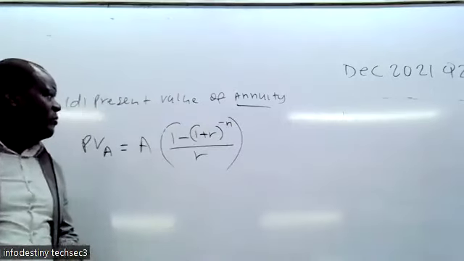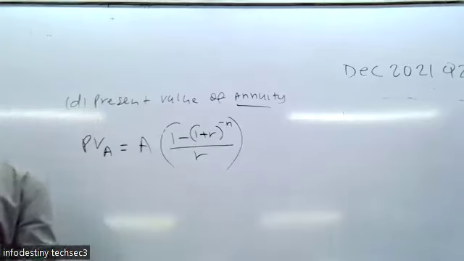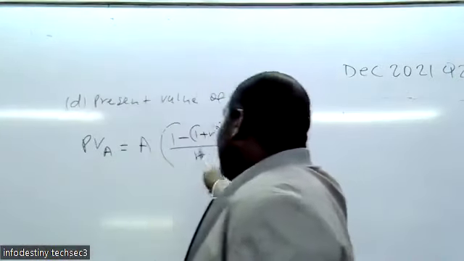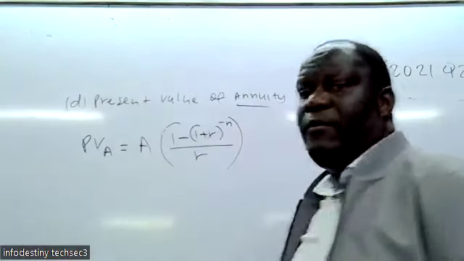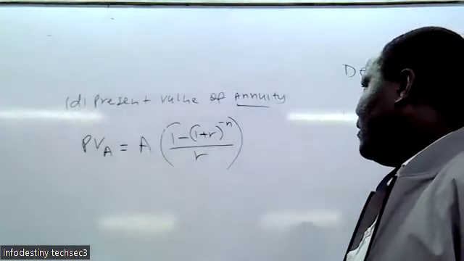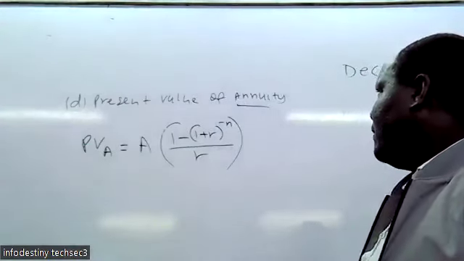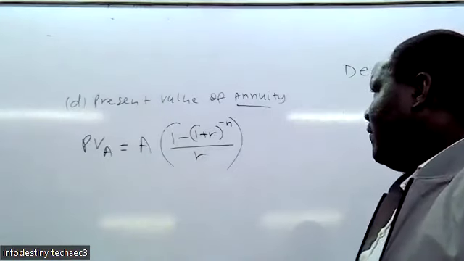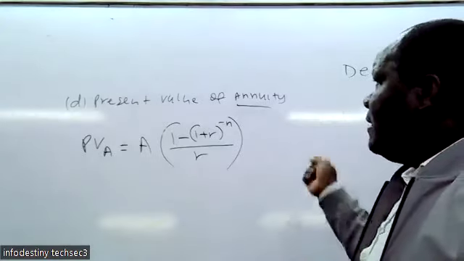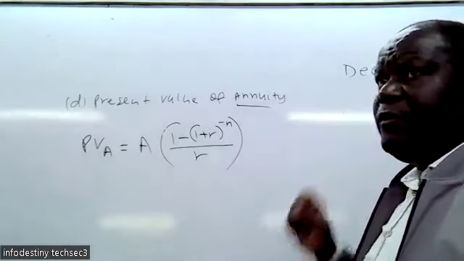So when you want to compute the present value for the annuity, we simply take the annuity, then in the brackets 1 minus (1 plus r) raised to the power of -n, and then we divide by r. It is the reverse of the future value.